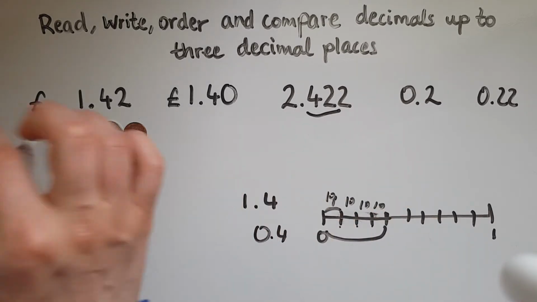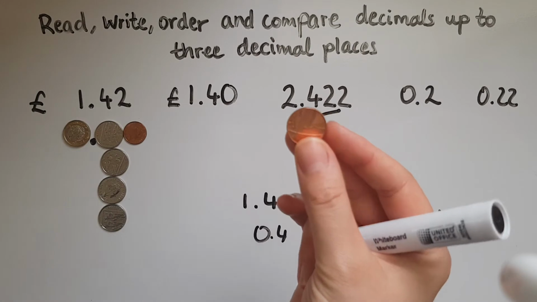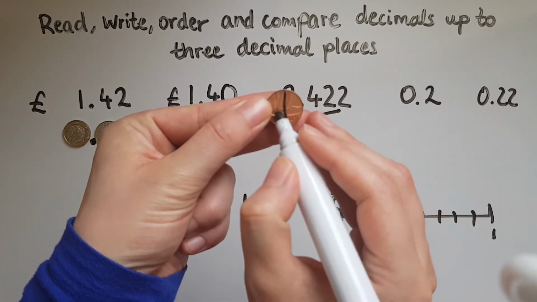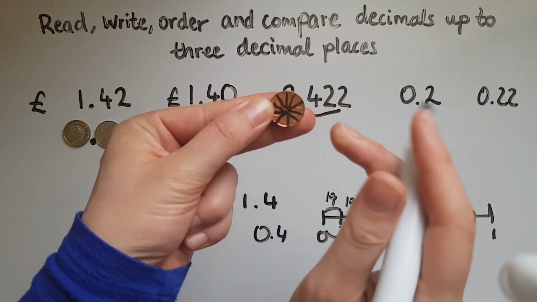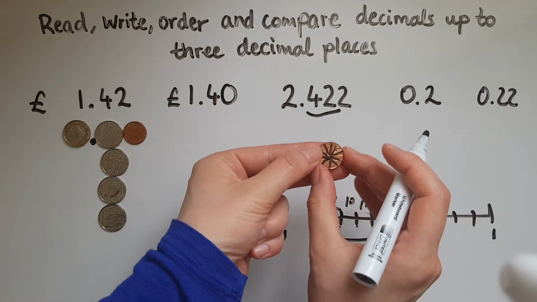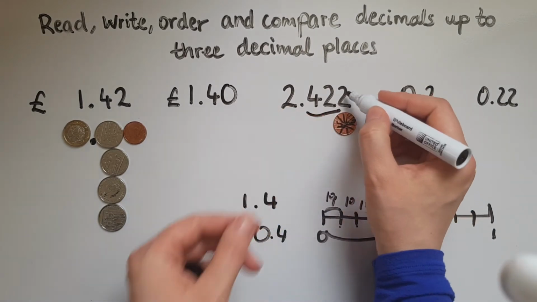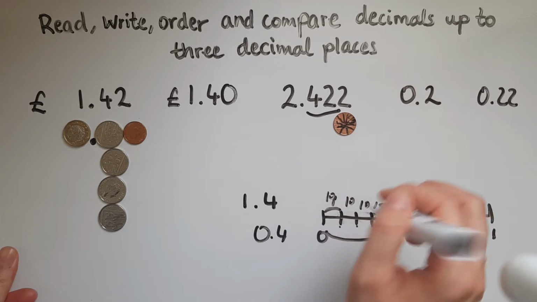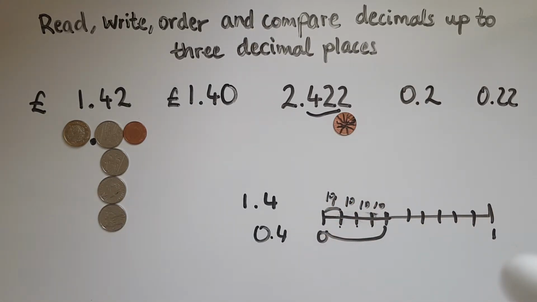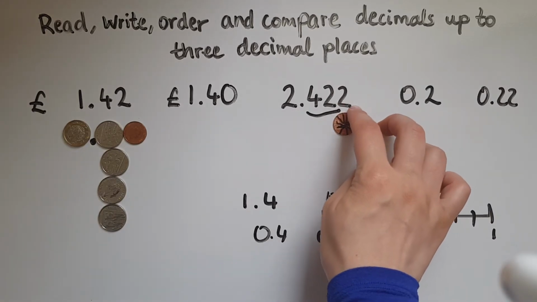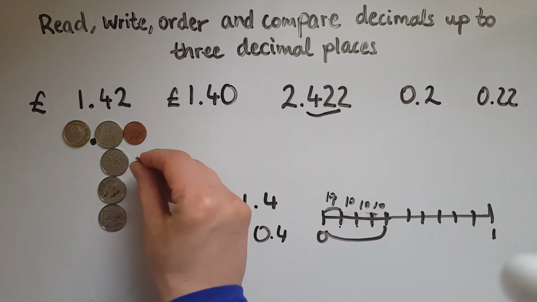We're talking about getting a 1 penny coin and cutting it into 10 equal parts, and one of them would be 1 here, so the 2 would represent this 2 there. But we haven't got that kind of coin to represent it nowadays. But the idea is that this is 10 times smaller than a penny.